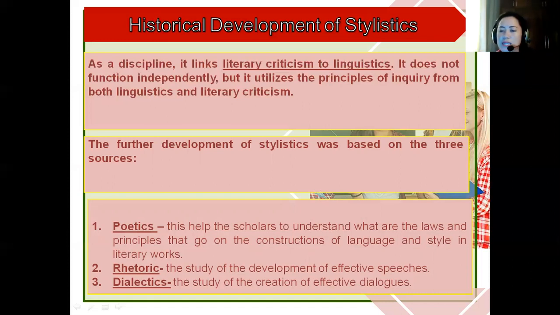So next is the rhetoric. What is rhetoric? This is the study of the development of effective speeches.